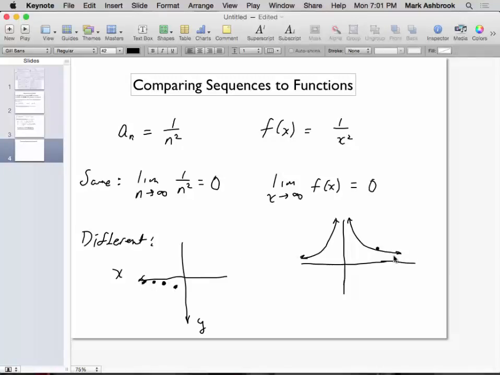Okay? So this is what? We know this limit. That function gets infinitely close to 0. And these points do the same thing, right? So the limit in the end is going to be 0. So this is (1, 1), (2, 1/4), (3, 1/9).